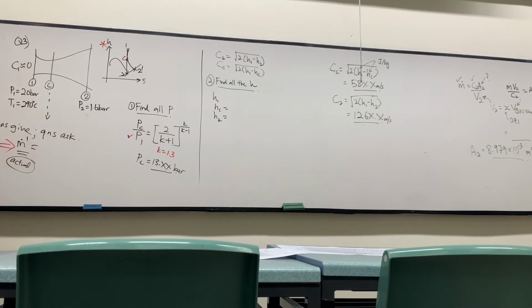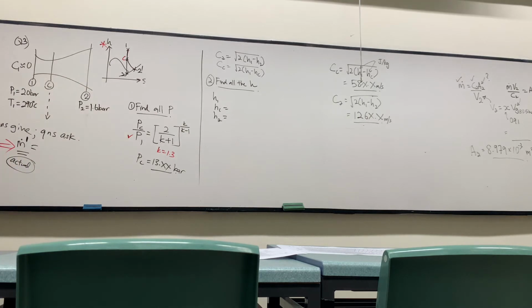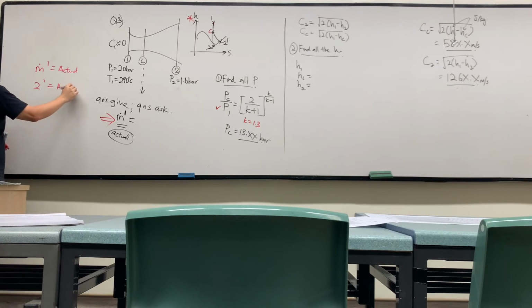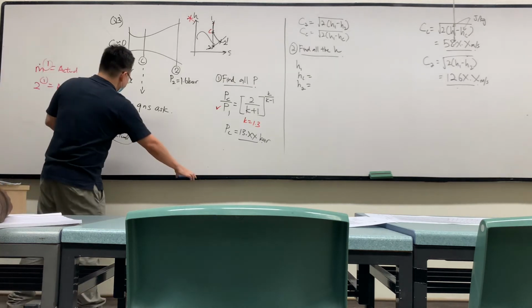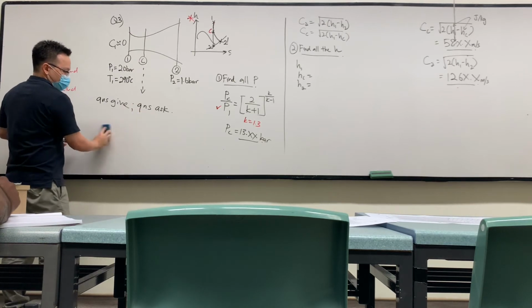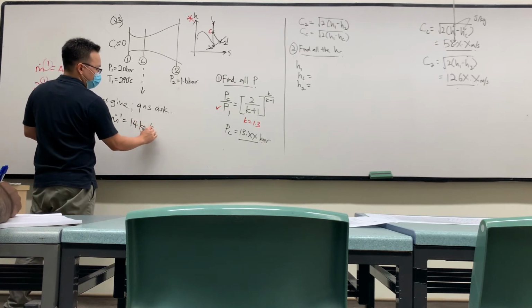Which means right now, your mass here, what mass is it? Actual mass, and prime. All the prime here is actual. So take note, anything with m dot prime, or in this case 2 prime, these are all actual. So question ask, question give. What we have now, this m dot prime, is actually 14 kg. This is actual.